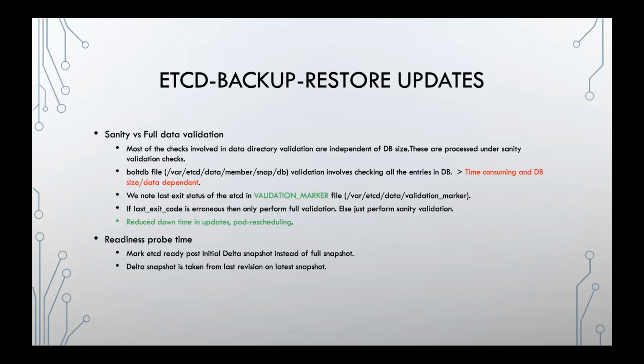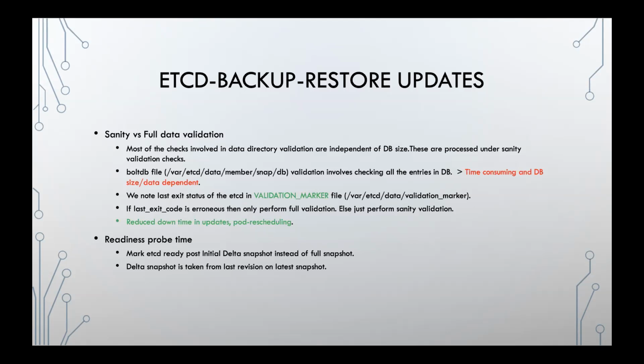So some notable updates on ETCD backup restore with the latest release. These were actually part of the Gardener 0.22.0 release, but since then we didn't have meetings, so presenting now. So first thing, earlier on ETCD we used to have data directory validation.